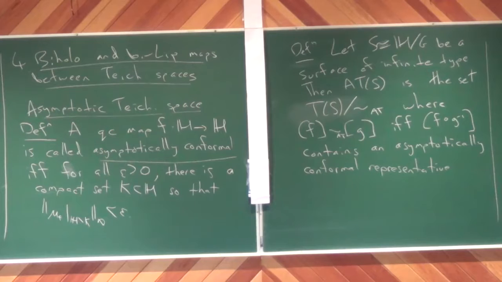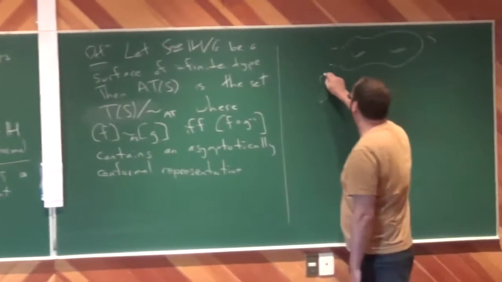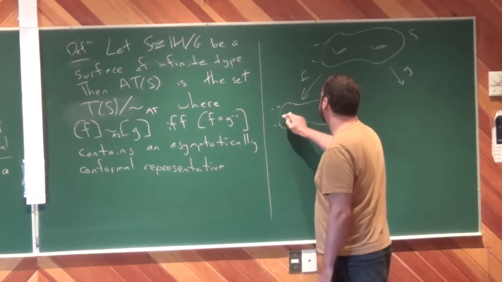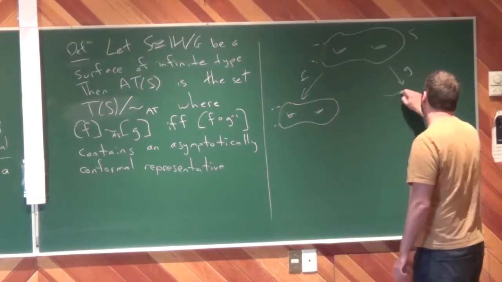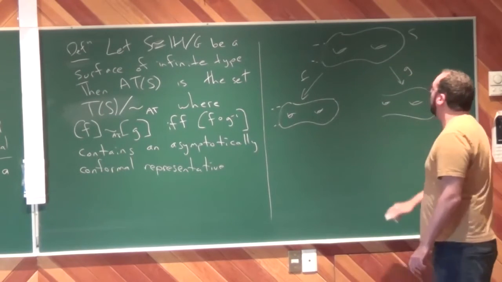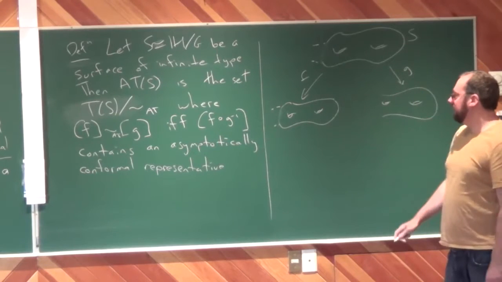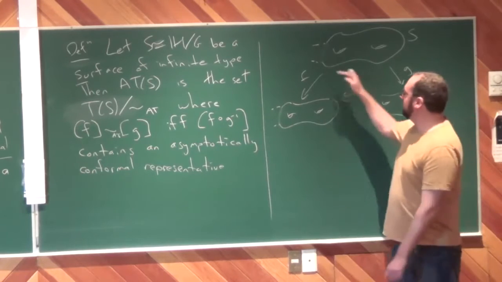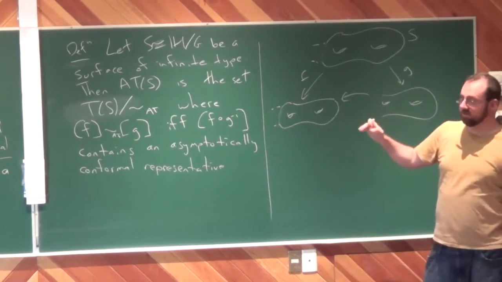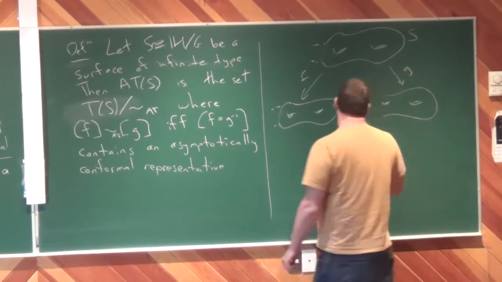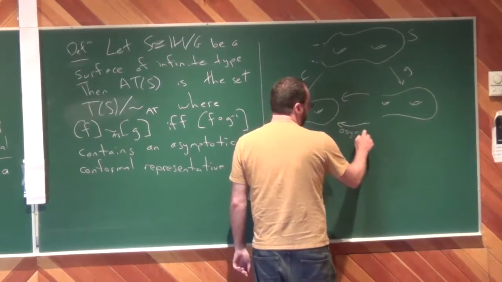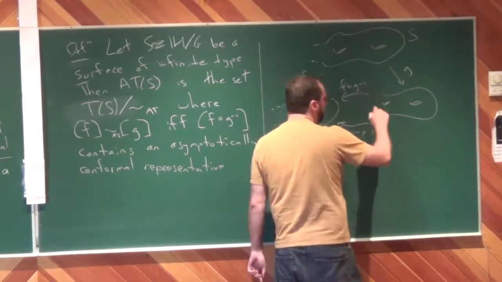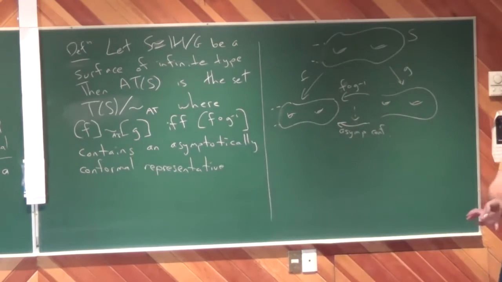So in other words, if you start with your space S and you have quasi-conformal maps f and g applied to S, then if we do g inverse composed with f, well, that's going this way. What we're saying is that these two mappings are equivalent under this asymptotic Teichmüller relation if and only if f composed with g inverse is homotopic to some asymptotically conformal map.